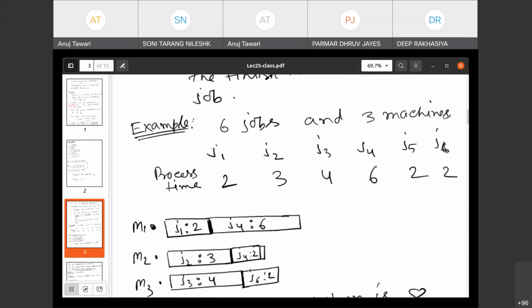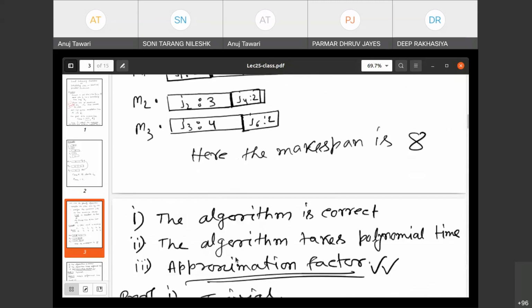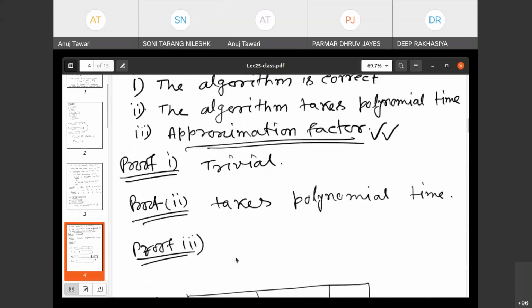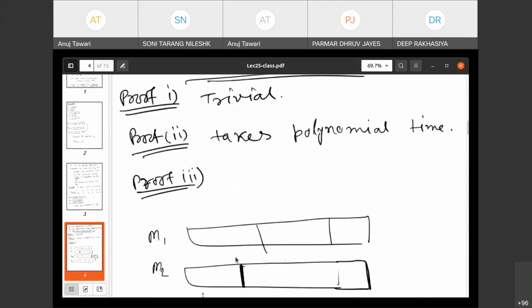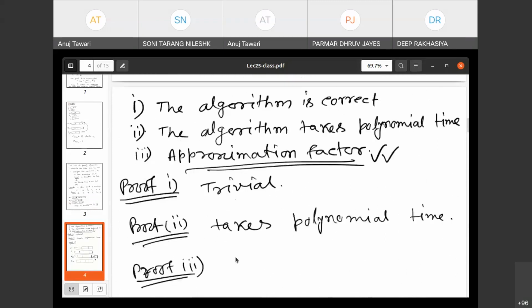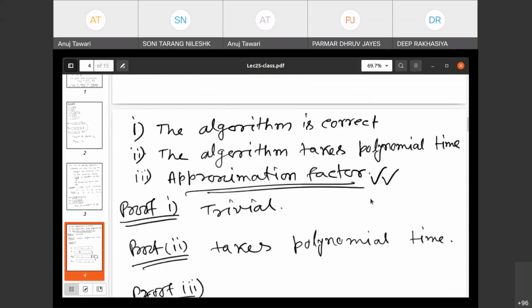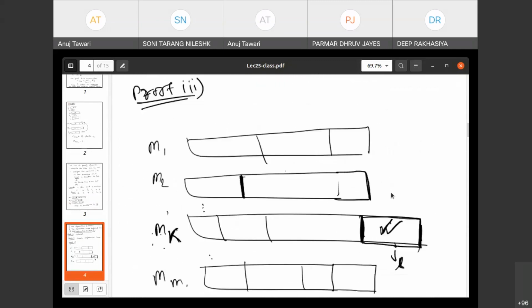Since there are only m many jobs, so all of these can be done in polynomial in m time. Okay? And the third part is approximation factor. That's what we will see now. Okay.